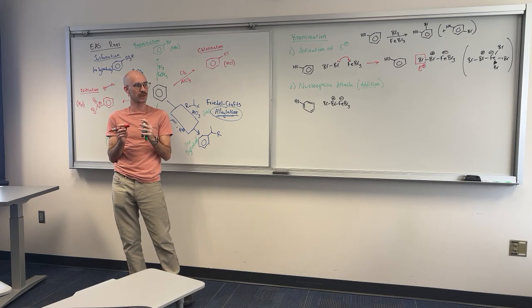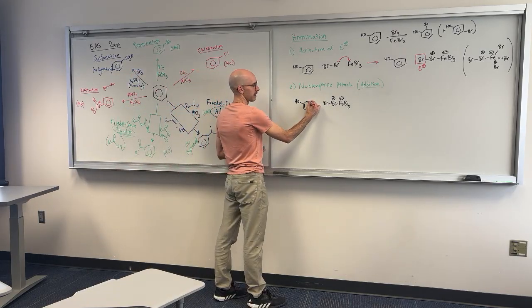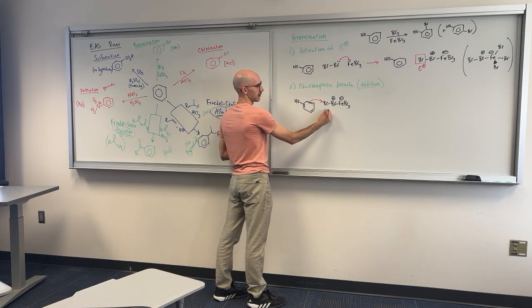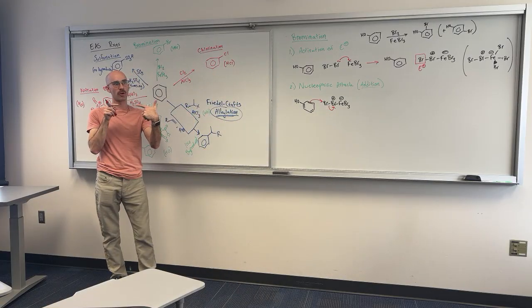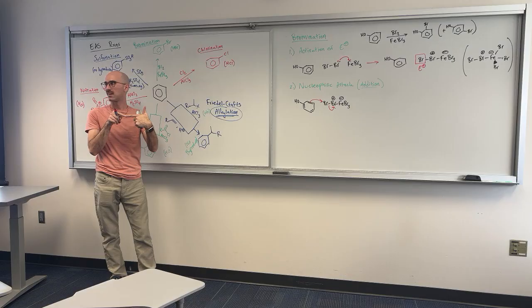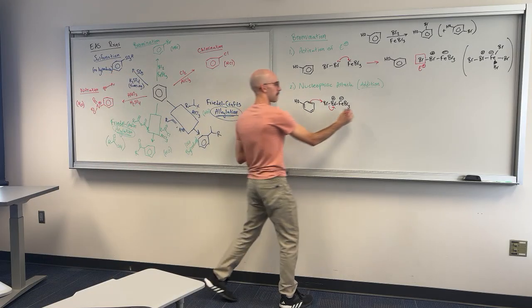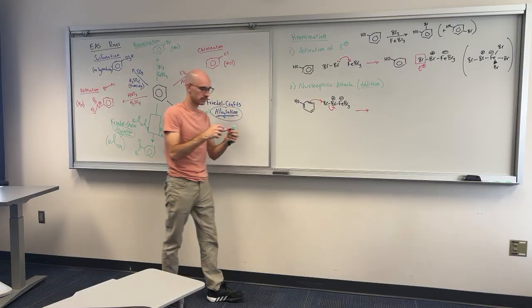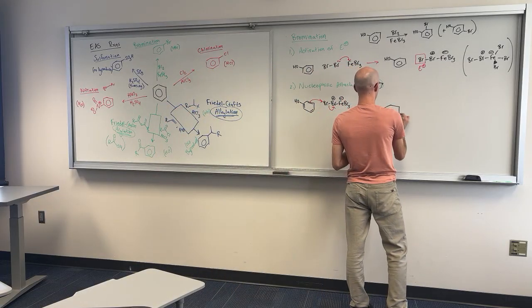It doesn't really matter where you start from. I'm just trying to make it set up well for your sheet. The ortho carbon attacks, bonds to bromine. The Br-Br bond breaks, alleviating the positive charge on that bromine. Where is the positive charge now?